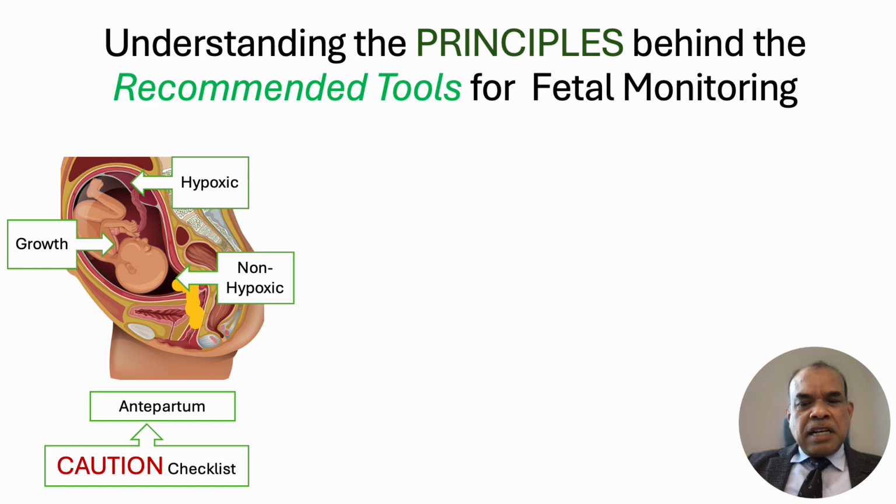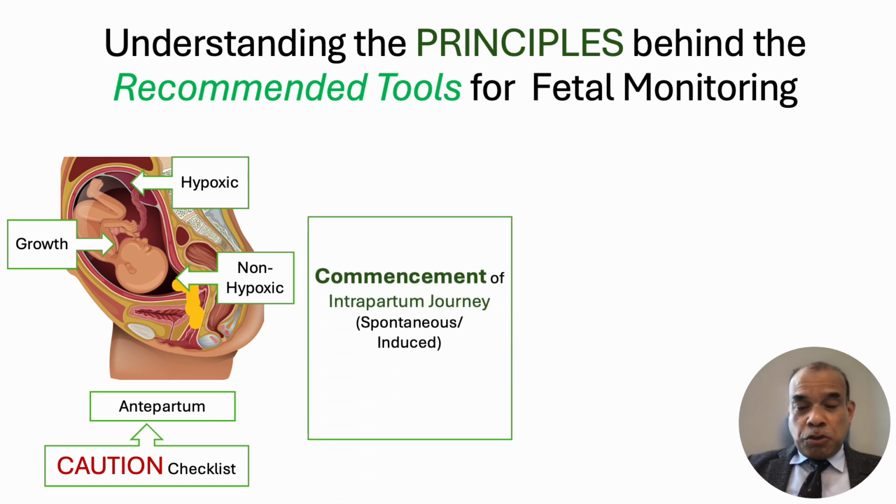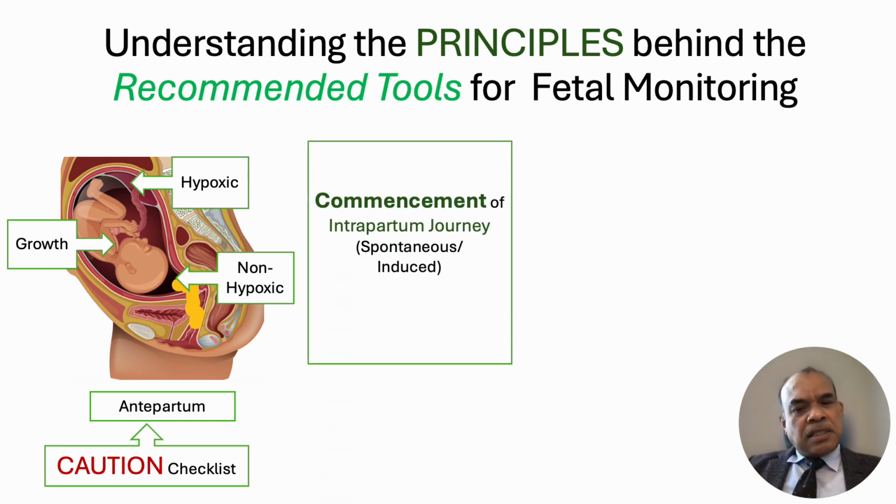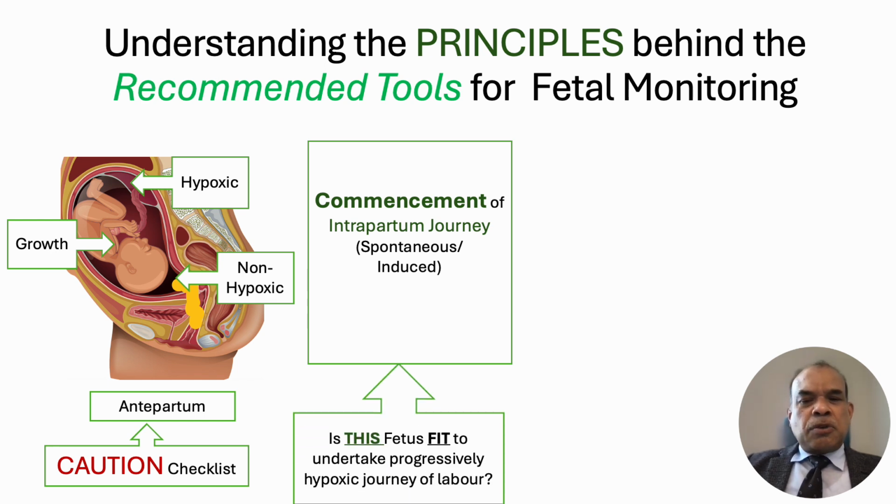So we need to have a tool to recognize antenatal causes, and that is our CAUTION checklist, which we'll be seeing very soon. Then as the fetus comes to us at the onset of labor, when the hypoxic stress commences, as the contractions start to cut off uterine blood supply as well as may cause compression of the umbilical cord, we need to ask a question: is this fetus fit to undertake the progressively hypoxic journey of labor?